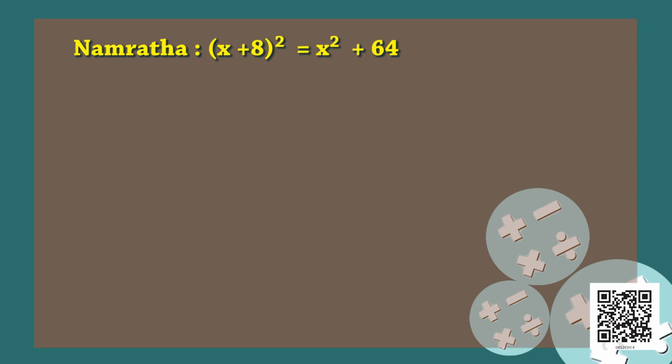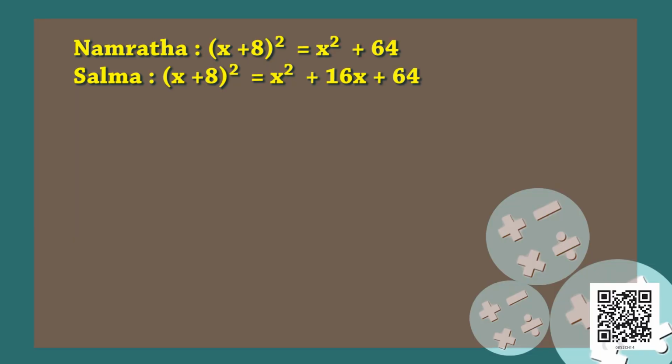x plus 8 whole square is equal to x square plus 64. This is done by Namrata. Now, see how Salma has done. x plus 8 whole square is equal to x square plus 16x plus 64. Who is correct? Again Salma is correct, because x plus 8 whole square means it is not just the square of x and square of 8.